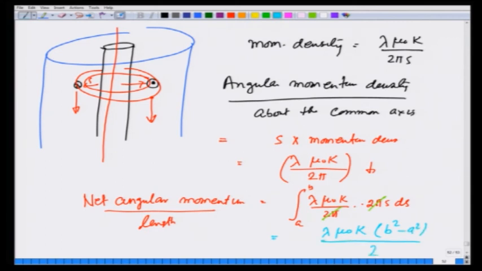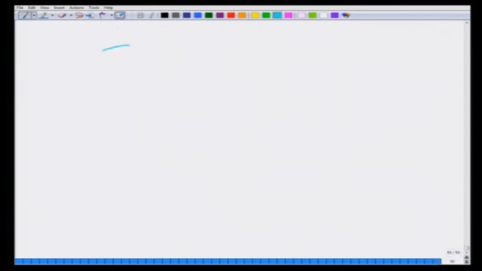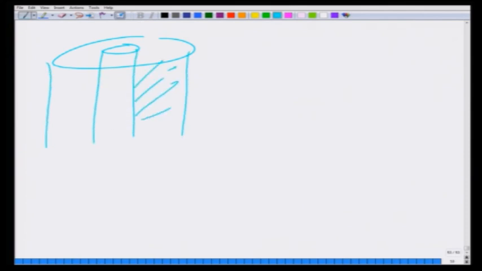That is the net angular momentum content between these two shells. So, if I make this again, per unit length in this region, the angular momentum content is lambda mu 0 k over 2 (b square minus a square). Again we will use the same trick, we will reduce k.